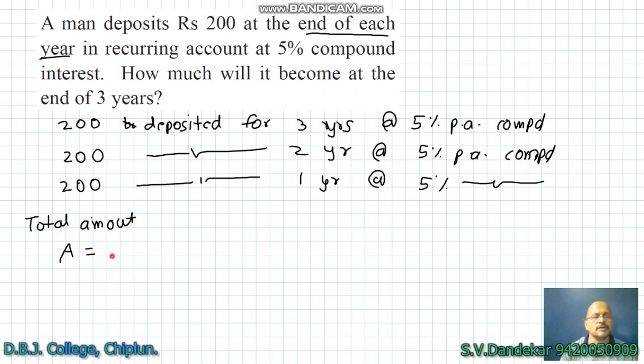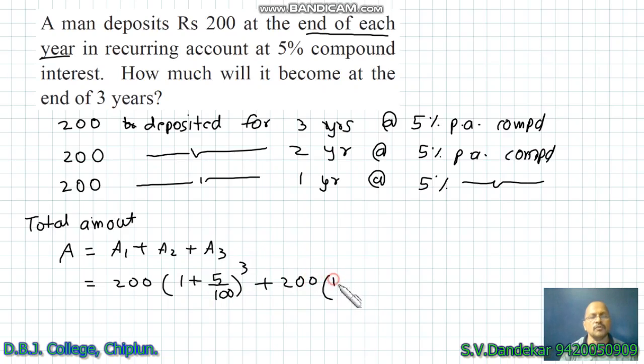A is equal to A1 plus A2 plus A3, that is 200 into 1 plus 5 by 100 for 3 years plus 200 into 1 plus 5 by 100 square plus 200 into 1 plus 5 by 100 raised to 1.